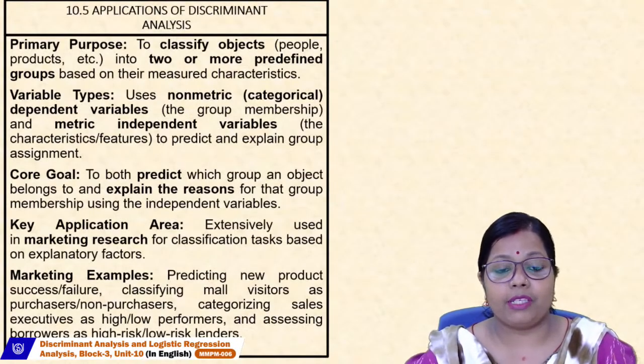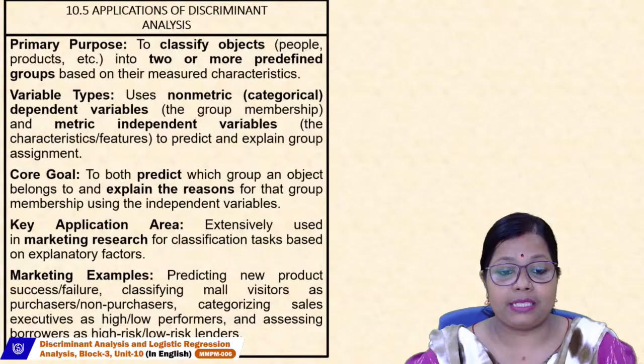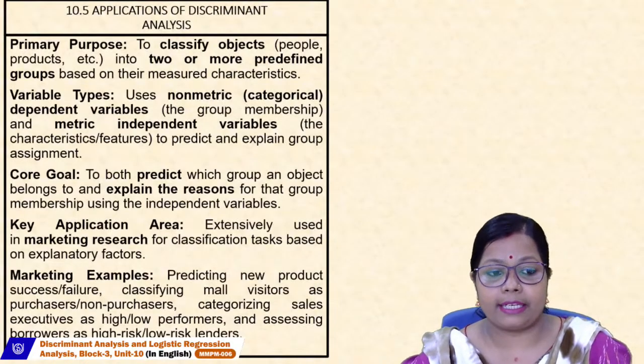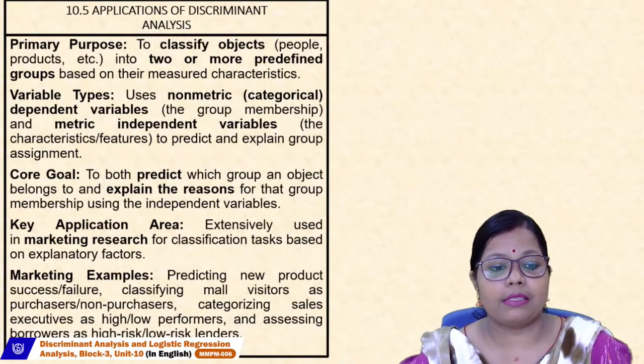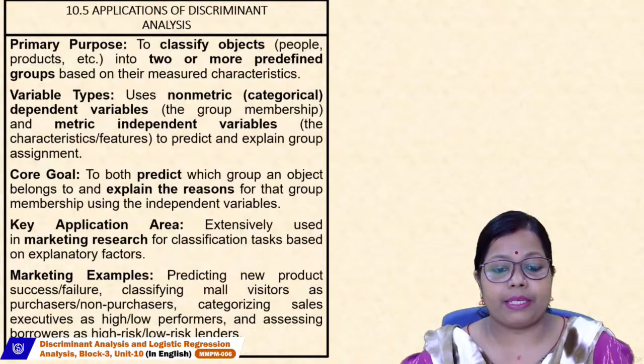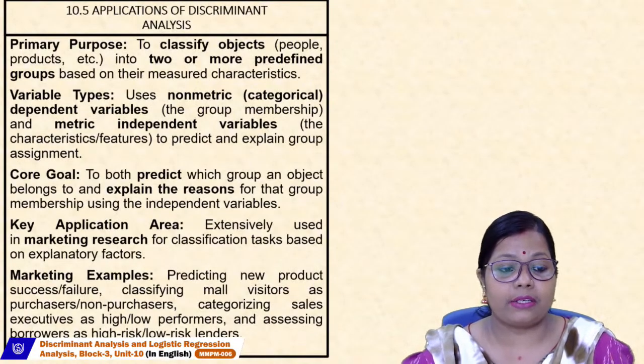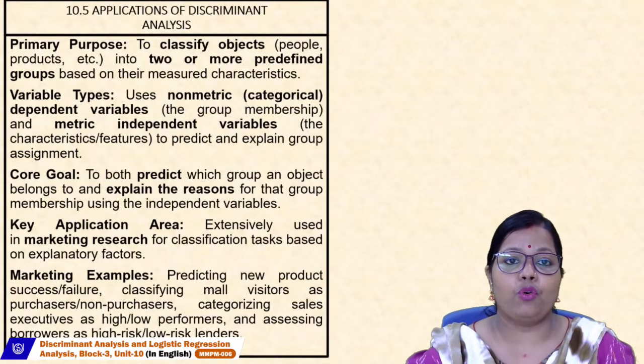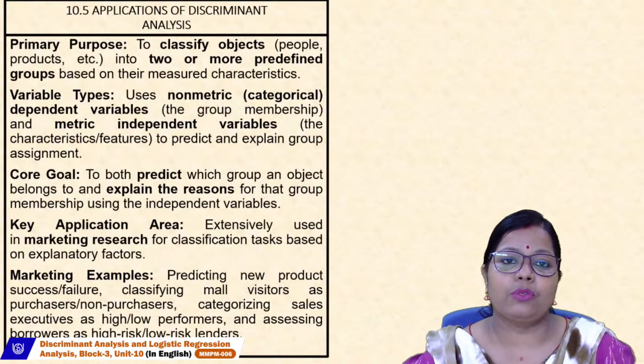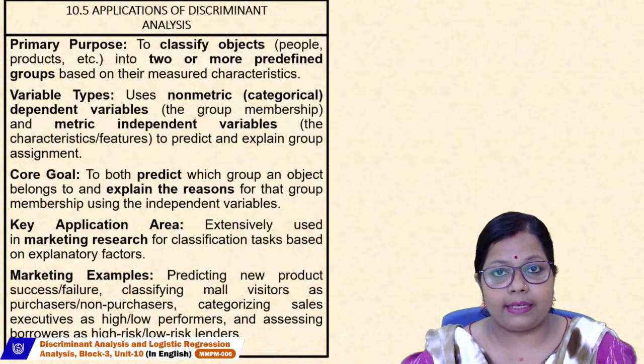Basically, in marketing we use discriminant analysis for predicting whether a new product will be a success or failure, classifying mall visitors as purchasers or non-purchasers, and categorizing sales executives as high and low performers. These are the basic examples where we should go for discriminant analysis to get an ideal solution.